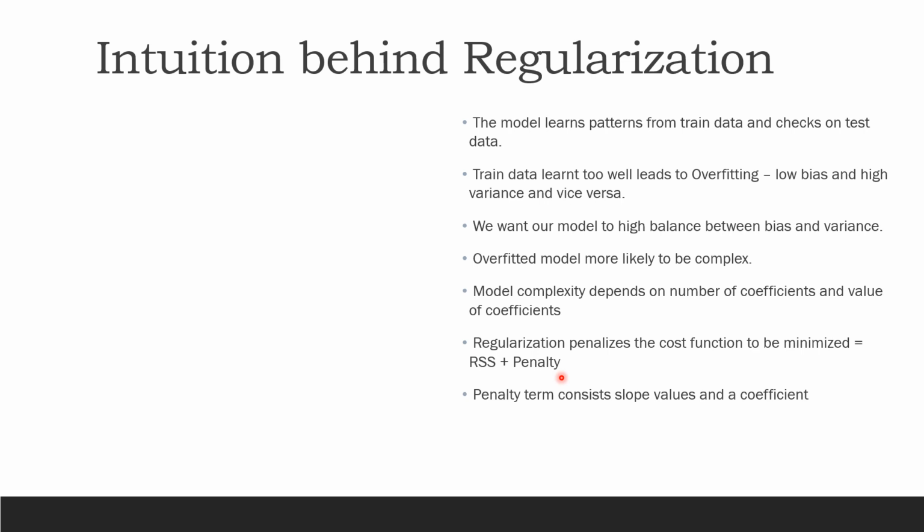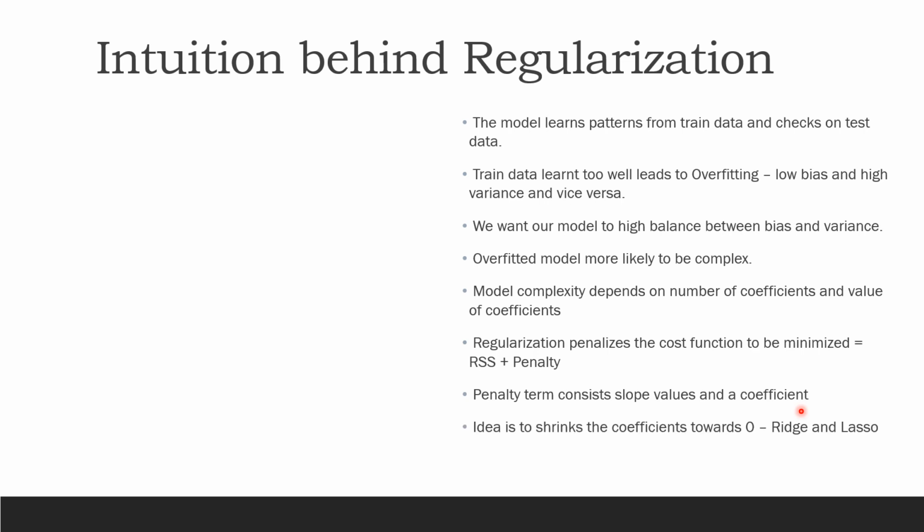In simple linear regression we had beta 1, the slope of a simple linear line. In a multiple linear regression scenario, we have a large number of features, and each one has a coefficient which is the slope value. So the penalty term will have the slope values and its own coefficient, which we know by the notation lambda. These two define the penalty term.